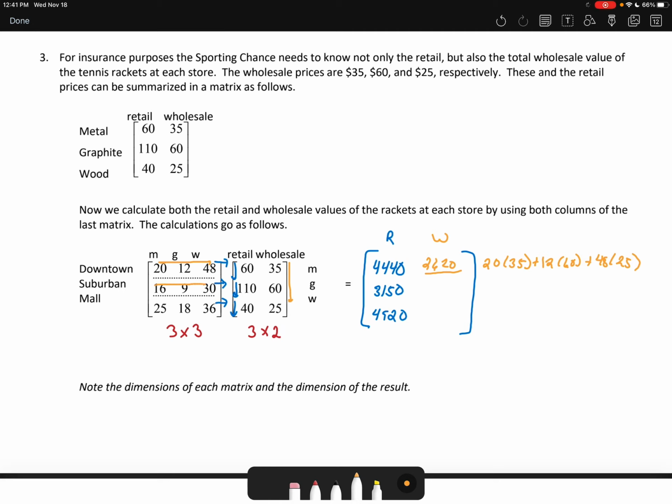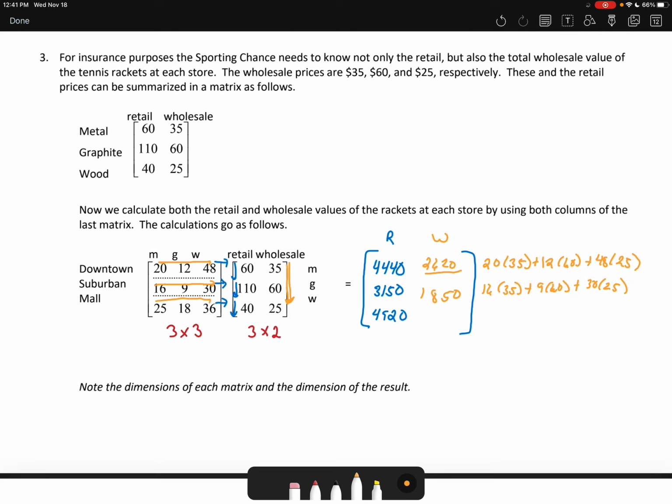Okay, move down to the second row. We're going across that second row and again down the second column. So 16 times 35 plus 9 times 60 plus 30 times 25. And that totals 1,850.